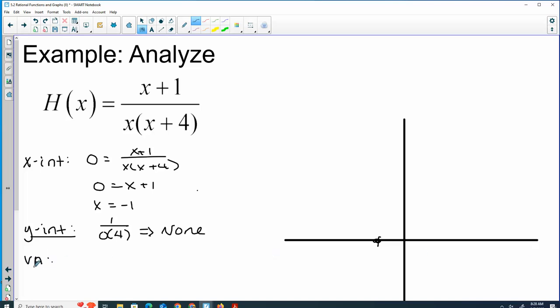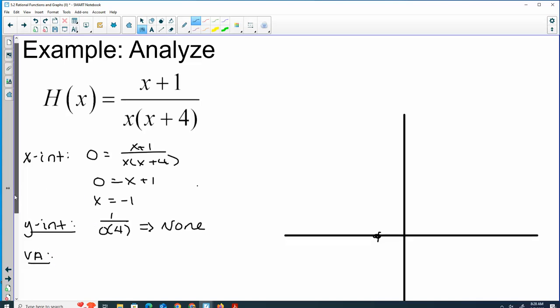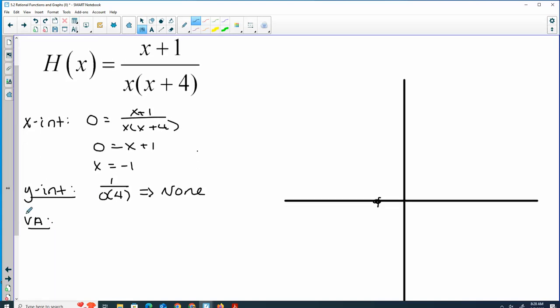Vertical asymptotes. Asymptotes are lines. You have to give me the full equation, and those are the ones that are dashed on your graph. So to find the vertical, what do we do?